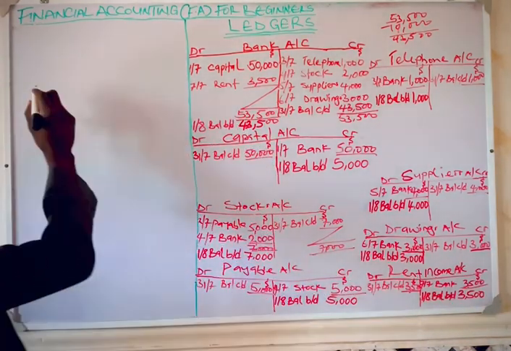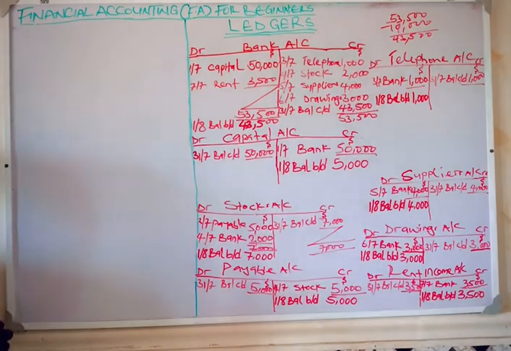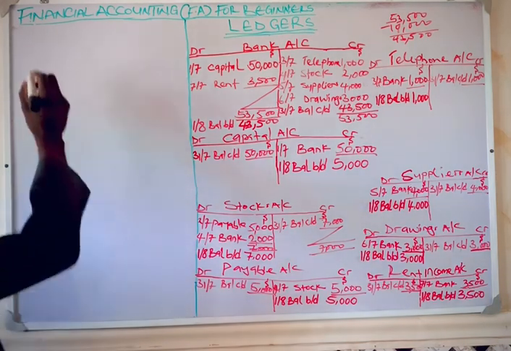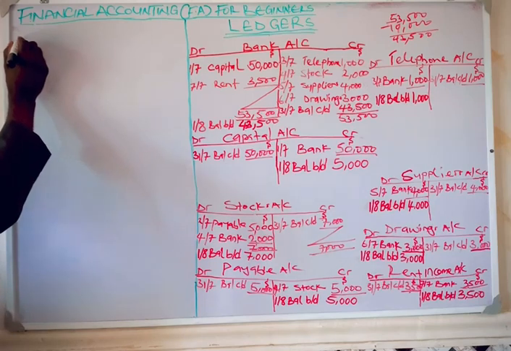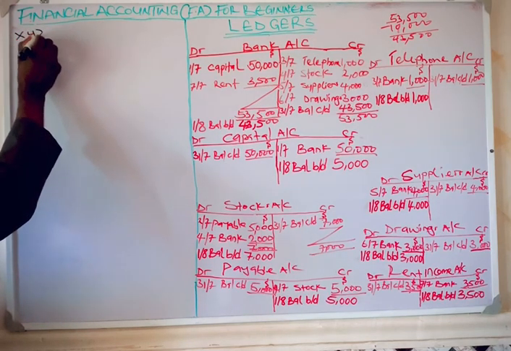Since a trial balance is a statement, we are going to assume the name of our company and the year in which the trial balance is prepared. Let's assume the name of our company is XYZ Limited.